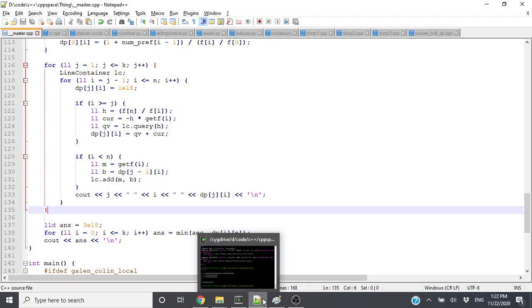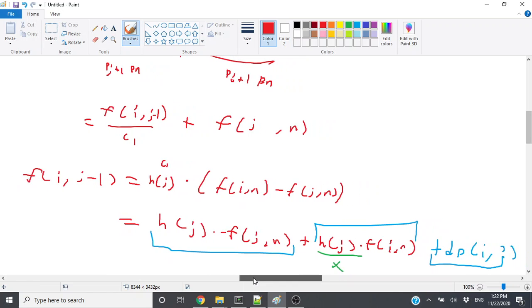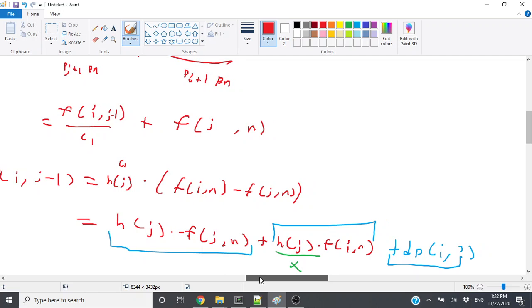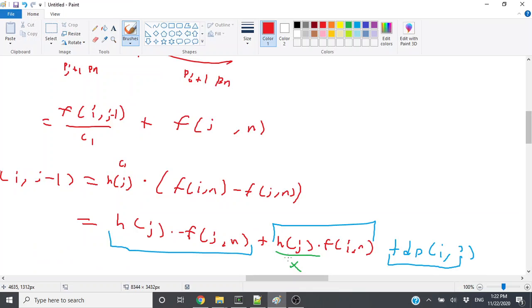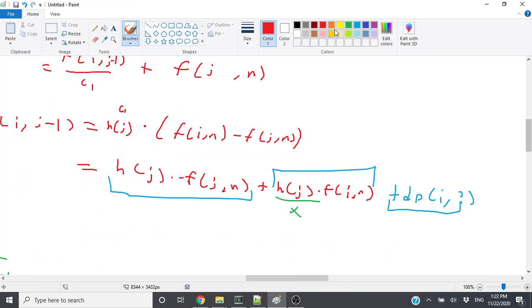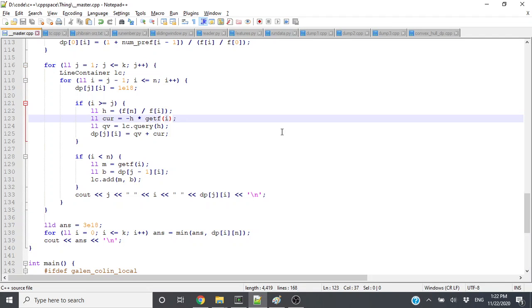How would that be 0? So if IJ is inclusive, that means something has to be J minus 1. Have to be F of I J minus 1. So right, J is equal to the current value of I. So this is like up to J minus 1.